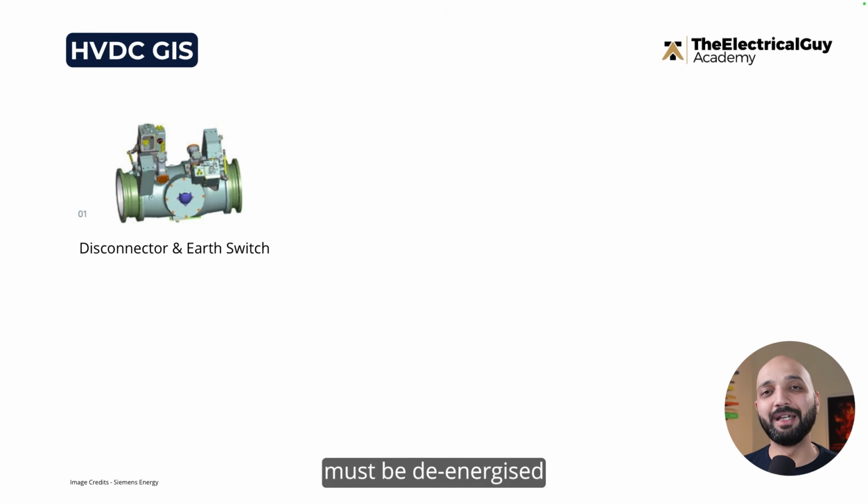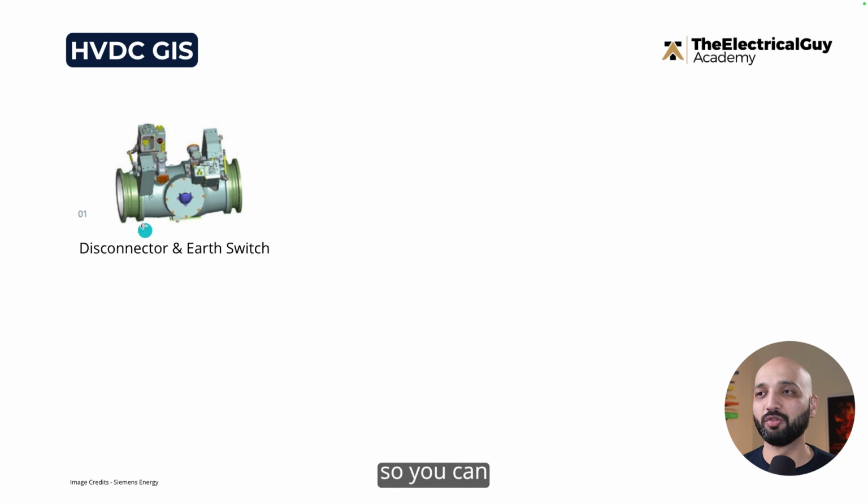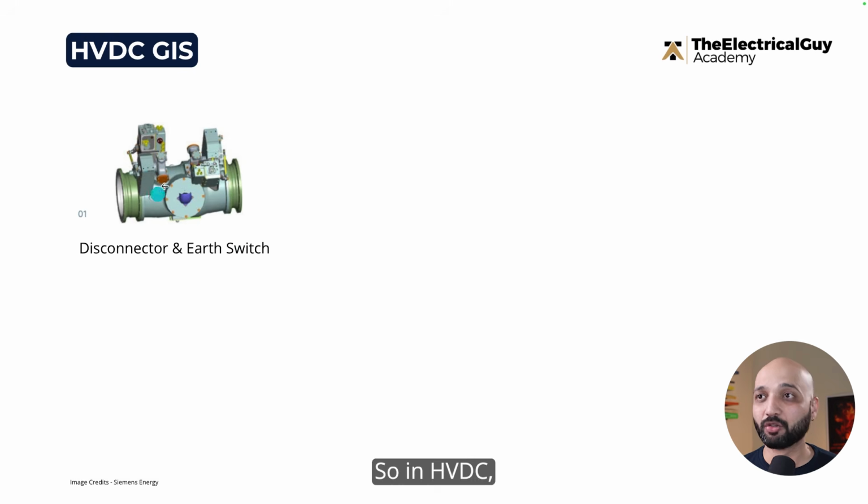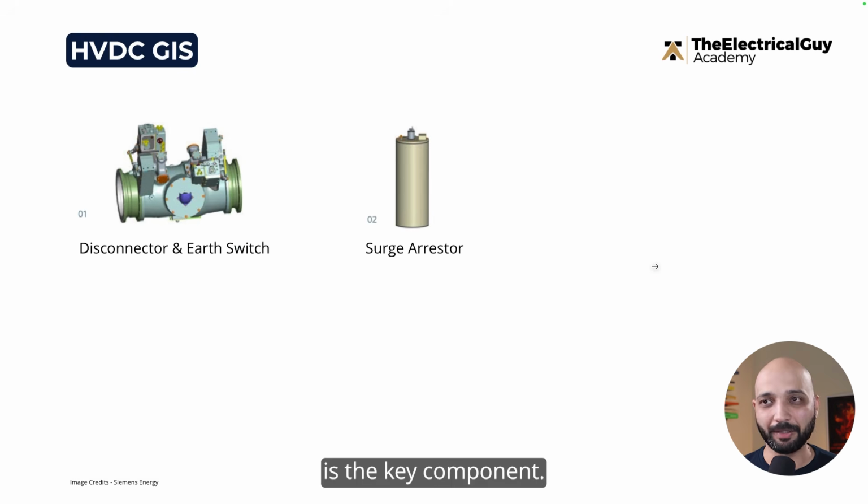The circuit must be de-energized in order to open or close the disconnectors. So they are helpful when maintenance activities are going on. You can open the disconnector, isolate the supply, and then close the earthing switch to make sure that if there are any trapped charges, they are grounded. So in HVDC, the disconnector and earthing switch is the key component.